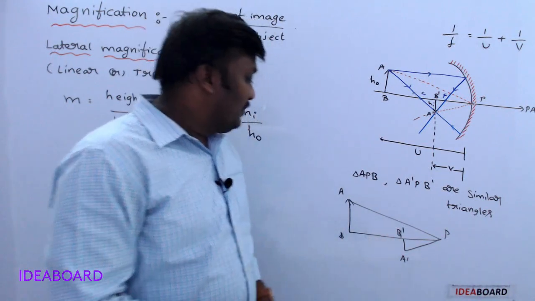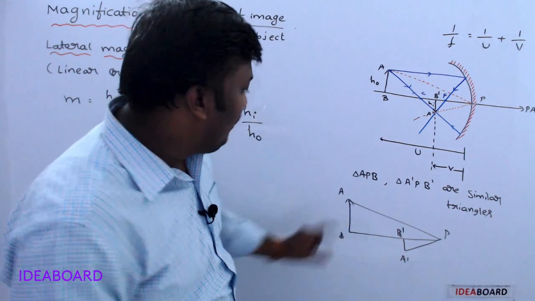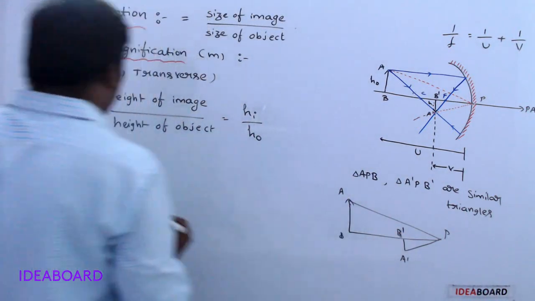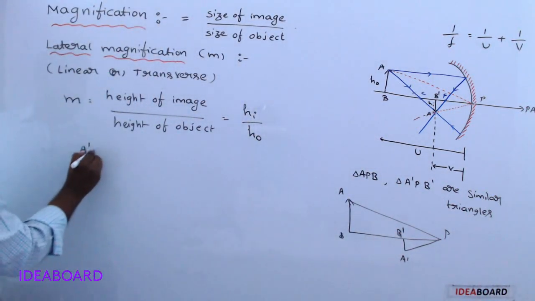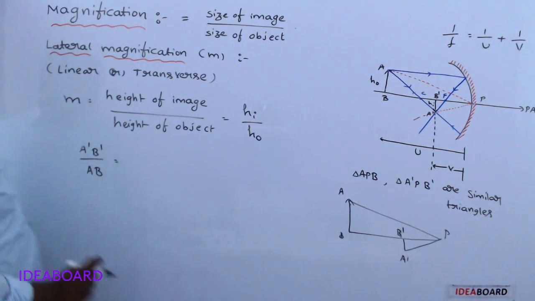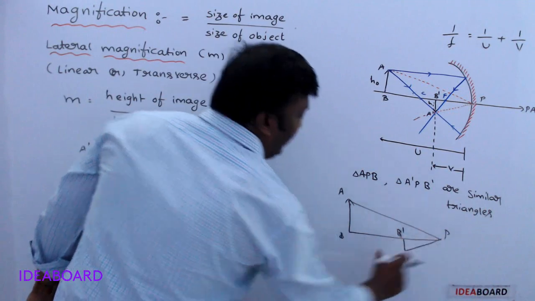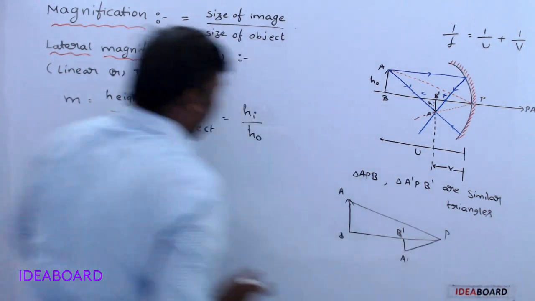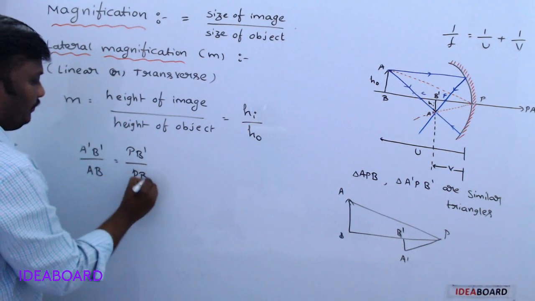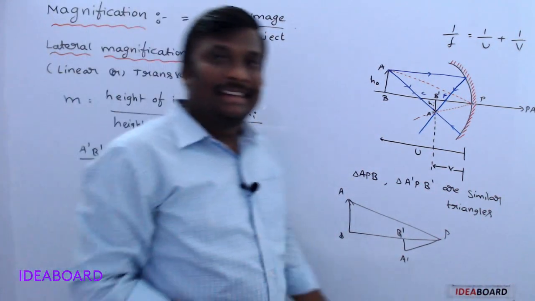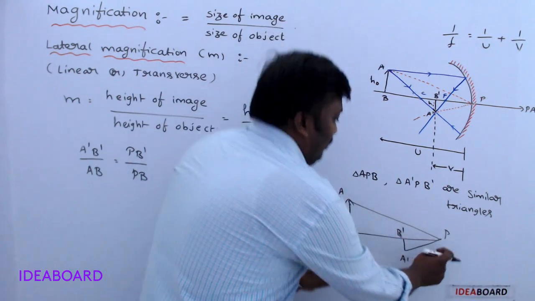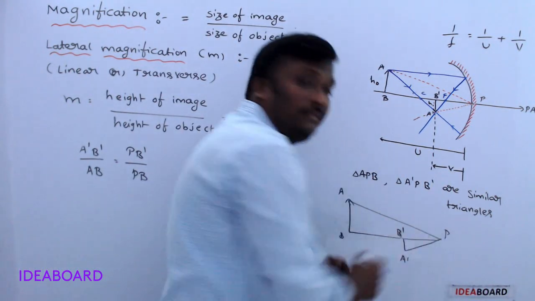In similar triangles, we know the formula: A dash B dash by AB is equal to PB dash by PB. Remember?